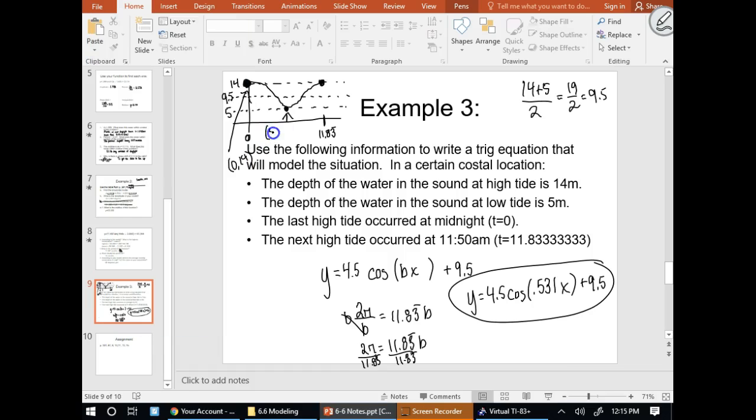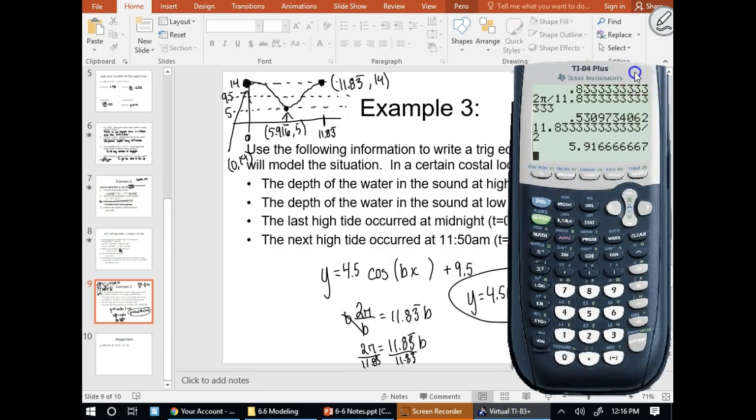So this would be 5.916 repeating, and the y coordinate is 5. And then here, this point is 11.83 repeating and 14. So I think it'll work if I do this.